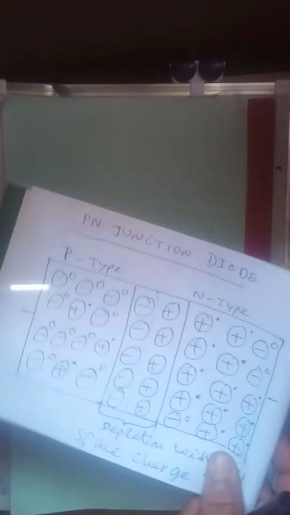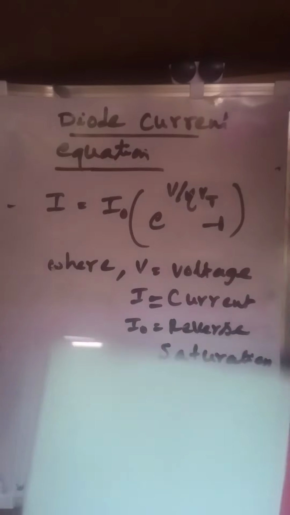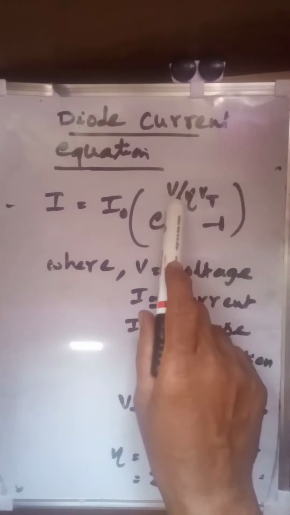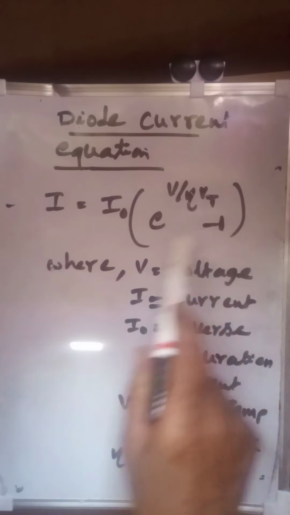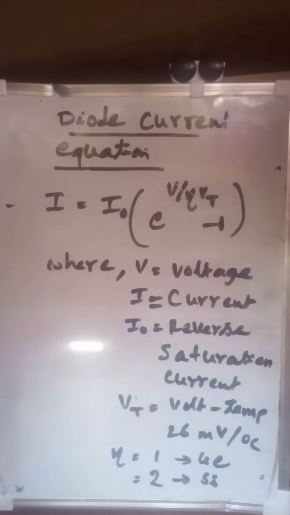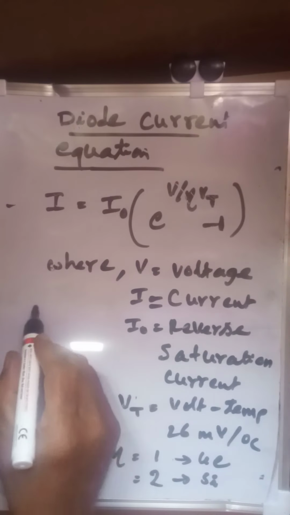Coming to the diode current, this is the current equation of the diode: I is equal to I naught times e to the power V by eta Vt, minus 1, where V is the voltage across the diode. This is the symbol of the diode.